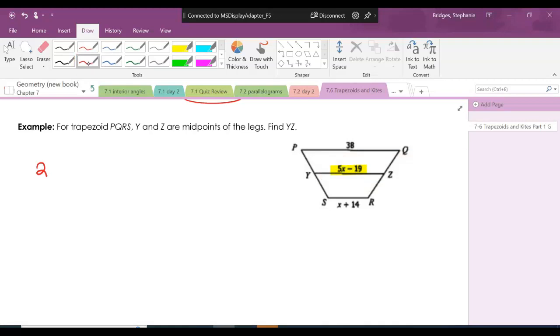There are 2 parts to that. So when I multiply it, I'm just going to put that 5x minus 19 in parentheses so that I don't forget to distribute it. What is my top base? Even though my picture's upside down, what is the top base? 38. Plus, what is the bottom base? All right, work on solving that one for me, please.